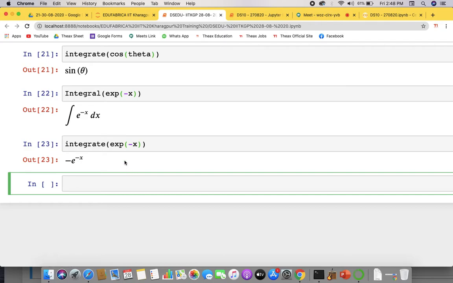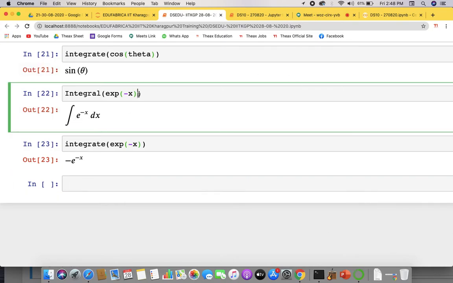Okay, fine. Now, what I was saying is that if you get an integral of this, and you have also been given the limits, right? Limit in the sense that we want to do this integration with respect to x, and my lower limit will be 0 and the upper limit will be, let's say, infinity.